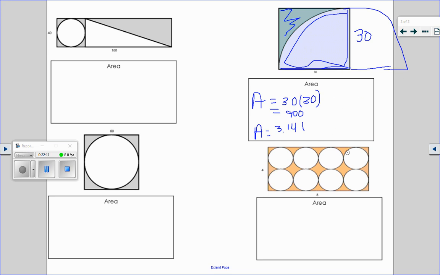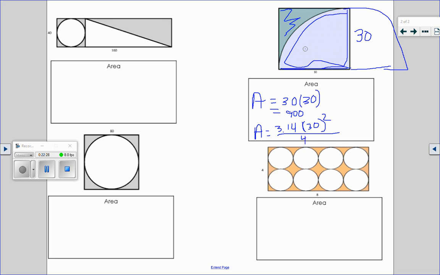And so 30 is already that radius. Okay, so when we get fourths, it makes it a little harder. So I need to do 30 squared. And then what I need to do afterwards is divide it by 4, because I only want 1/4 of it.